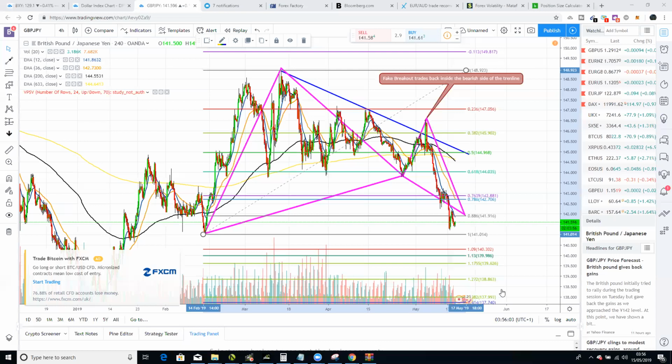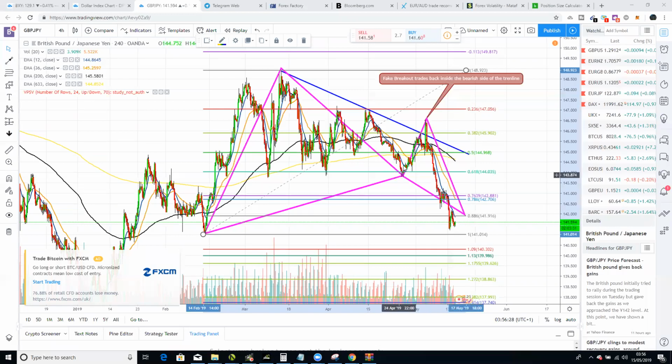So the goblet retracement at 61.8 is the first harmonic pattern that's discovered. So this is not a bat pattern.